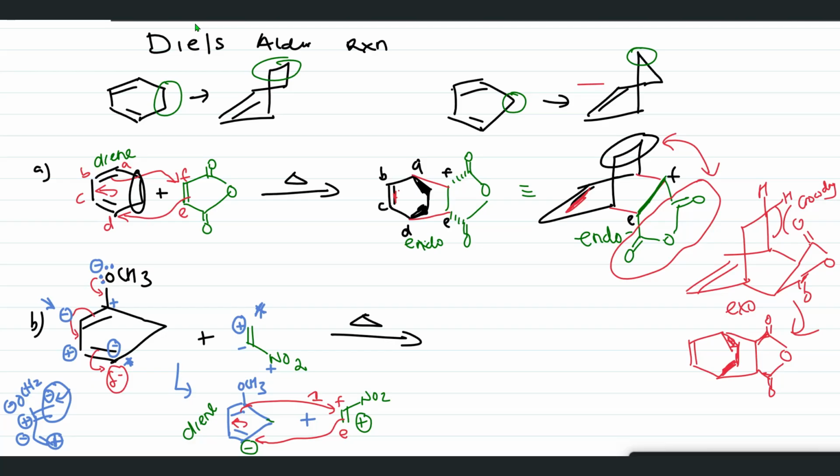You just follow the rules. Where is my most negative? Where is my most positive? Do I need to flip, or should I use them as they are? You need to think about that when the diene has an EDG and the dienophile has an EWG. That's the only time you worry about negative positive. They have to be right near each other. And it doesn't alter anything if I flip it? No, it doesn't.